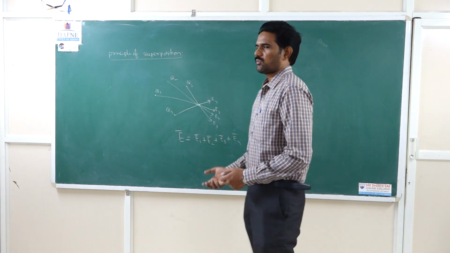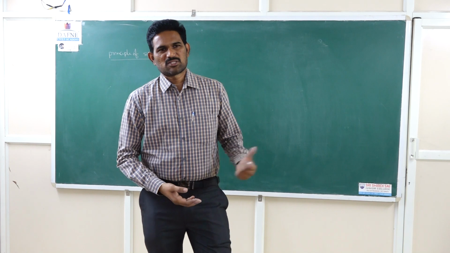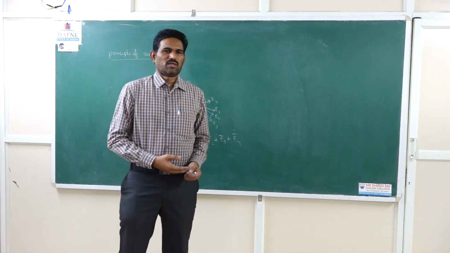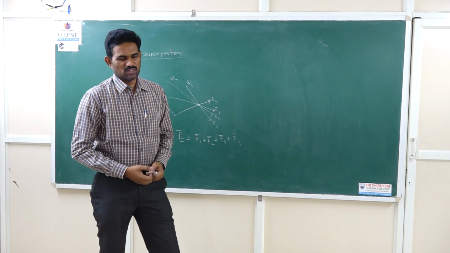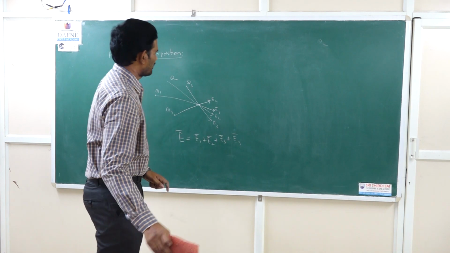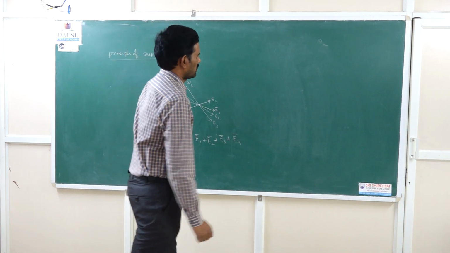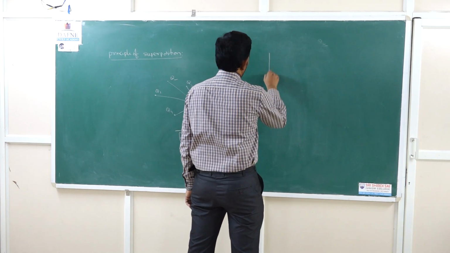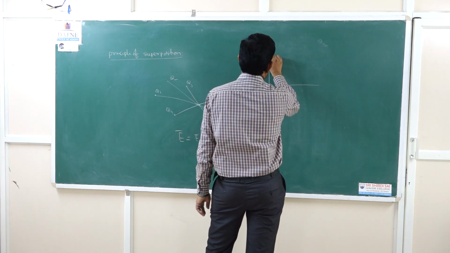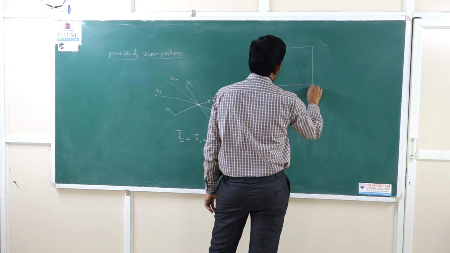We solved a lot of problems based on the principle of superposition and Coulomb's law. Similar problems will be there in the calculation of the intensity of electric field also. So I will explain one example here, and the remaining you can solve similar to the previous Coulomb's law problems.